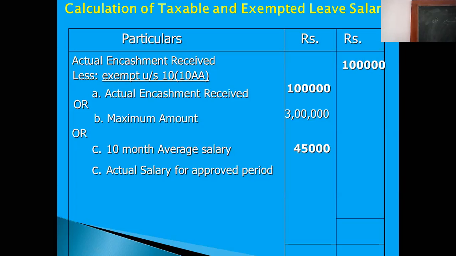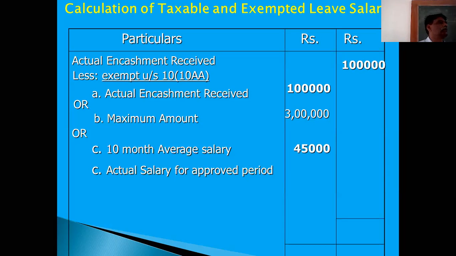He has not used 300 leaves. Leave not availed. What is the salary for 300 days? Actually, you have to calculate 300 days salary. Average salary or last month salary you have to take. That is 4,500 salary per month.